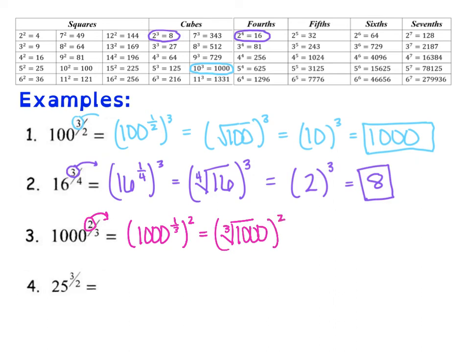The cube root of 1,000, I look at my cubes and I find 1,000 again. 1,000 is 10 cubed. So this is really 10. But then I still have squared. 10 squared is 10 times 10, or in my list of squares, I can see that 10 squared is 100.